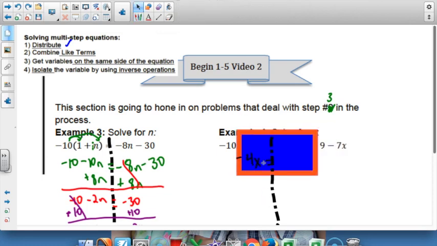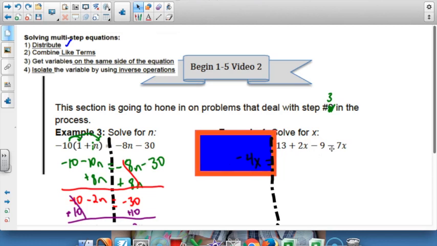So now I'm ready to come over here and look at this one. Well, I've got a couple of different sets of like terms here. I've got two constants, a positive 13 and a negative 9. Those can be combined. I've also got two x terms. I've got a plus 2x and a negative 7x.